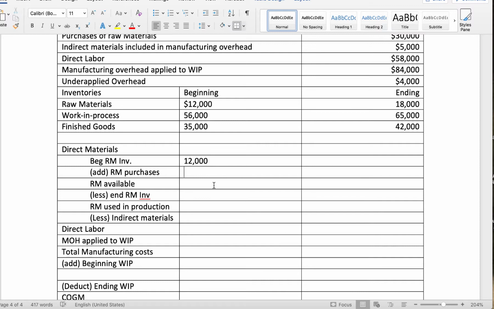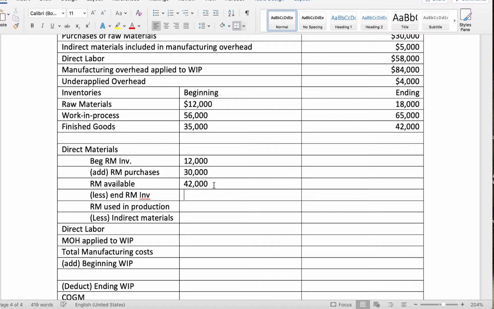I then add my purchases. The problem tells us we purchased 30,000 in raw materials. If I take 30,000 plus 12,000, that's 42,000 available.